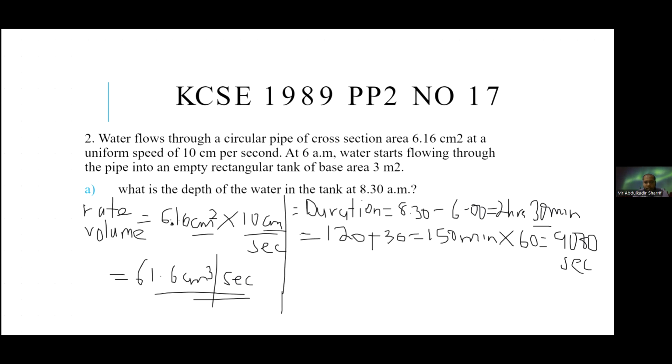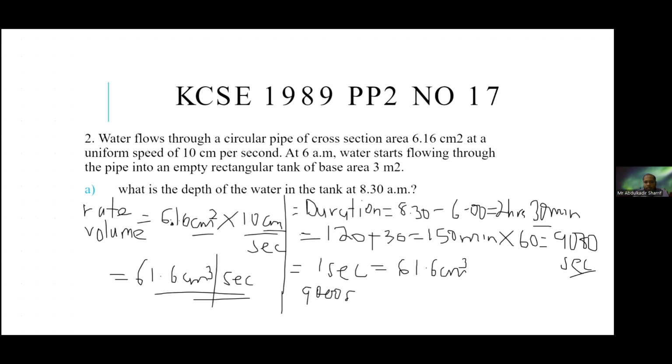You know the rate: for every 1 second, 61.6 cubic centimeter enters, right? So what about your 9,000 seconds? How many cubic centimeter enter in 9,000 seconds?